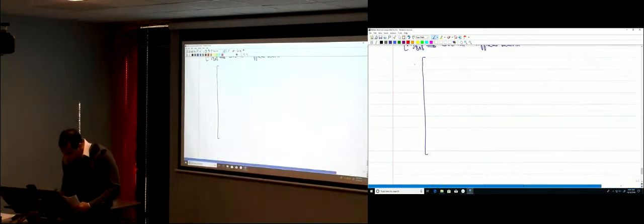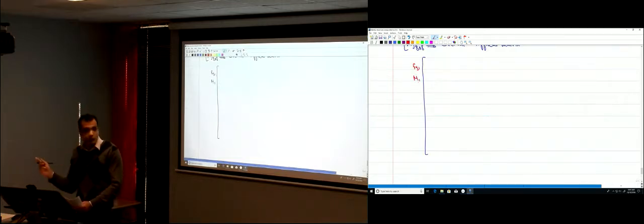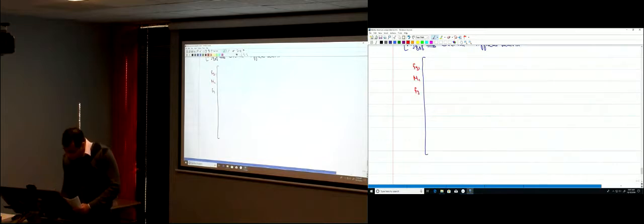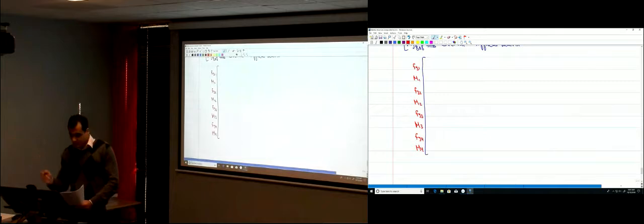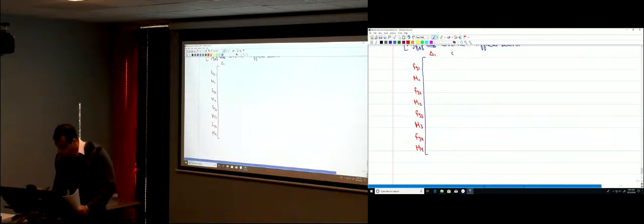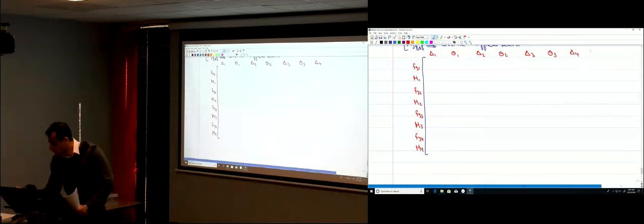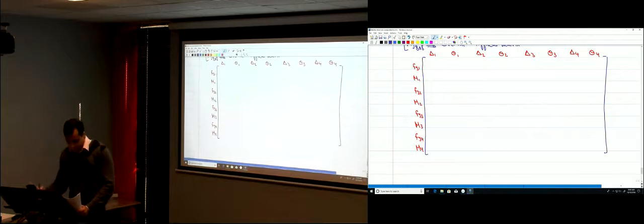So what are the forces? It relates Fy1, M1, exactly the same arrangement that I had for my load vector, Fy2, M2, the same order as in my load vector, Fy3, M3, Fy4, M4. And it relates those to the nodal displacements: delta 1, theta 1, delta 2, theta 2, delta 3, theta 3, delta 4, and theta 4.